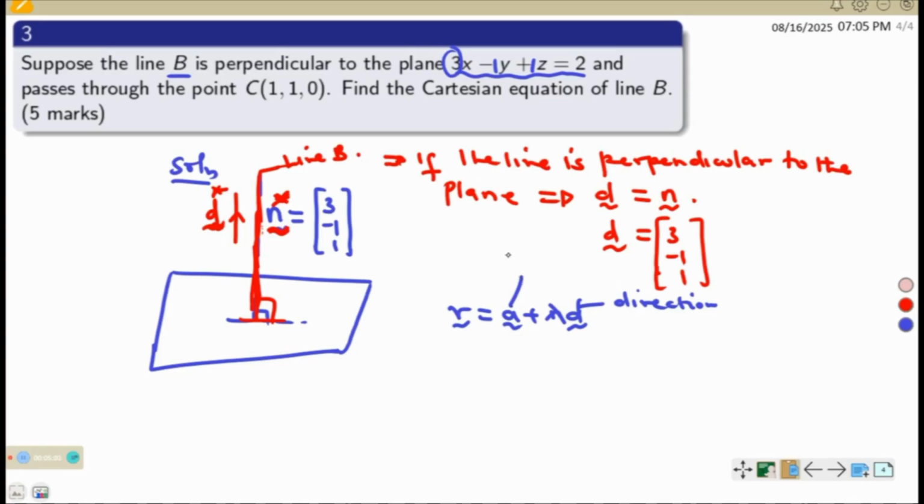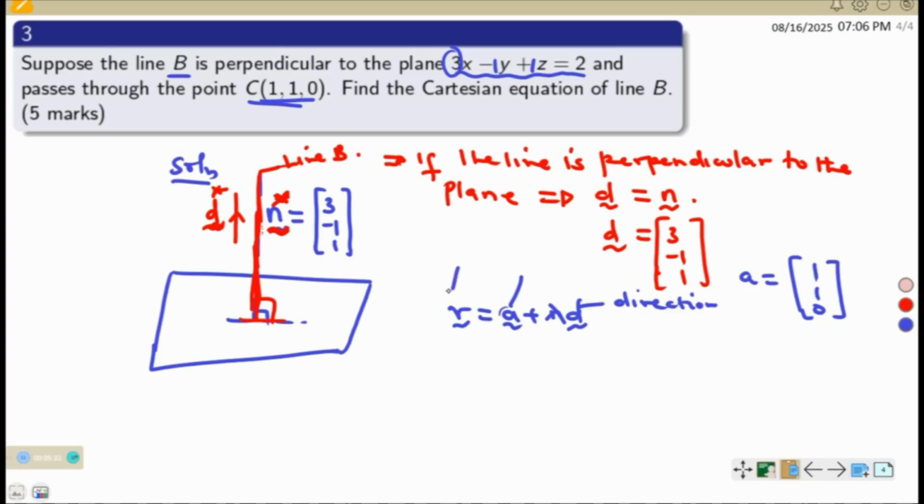So that is the point on the line. And for our given question, we are already told that line B is actually passing through this point. So it means your A is actually same as 1, 1, 0. So this A here is a point on the line. So that is where the line is passing through.